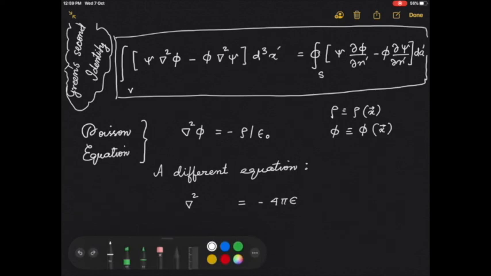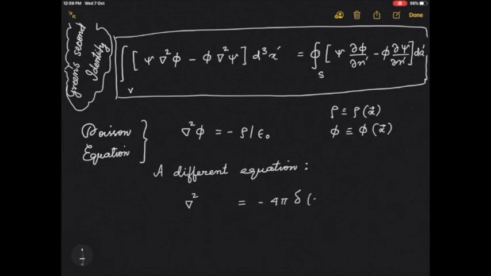I'm sorry, not epsilon naught, but the Dirac delta. In physics, we call it a distribution. We call it a function, but it actually should be called a distribution. Okay, and I'm writing this x minus x prime here. X prime is just a constant when I write it this way.